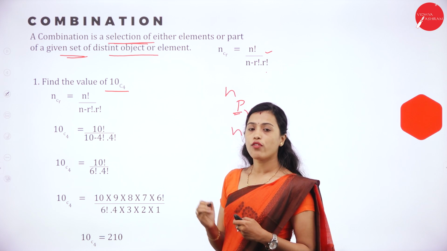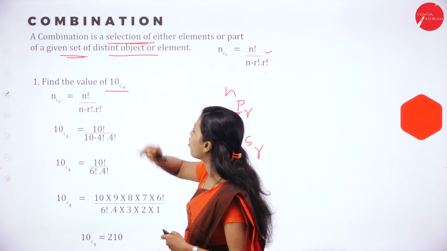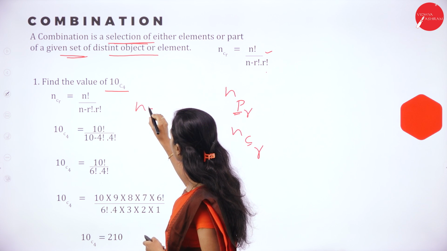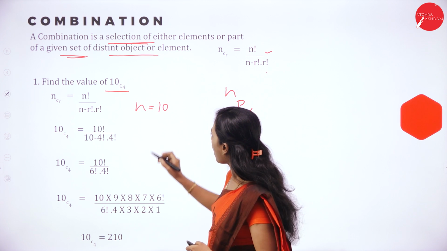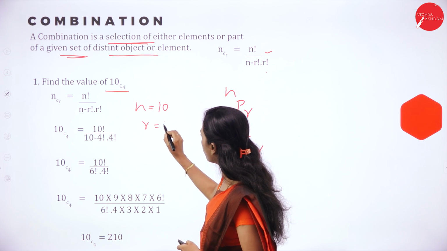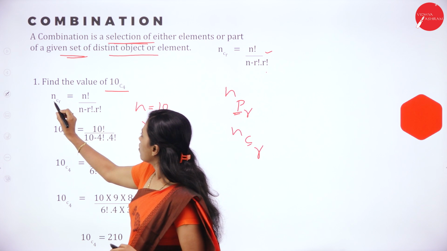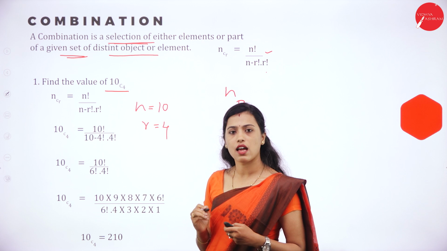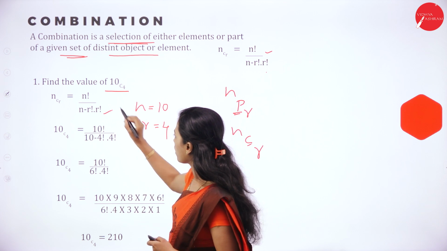Find the value of 10C4. Here n is equal to 10, r is equal to 4. nCr is equal to n factorial divided by n minus r factorial into r factorial.